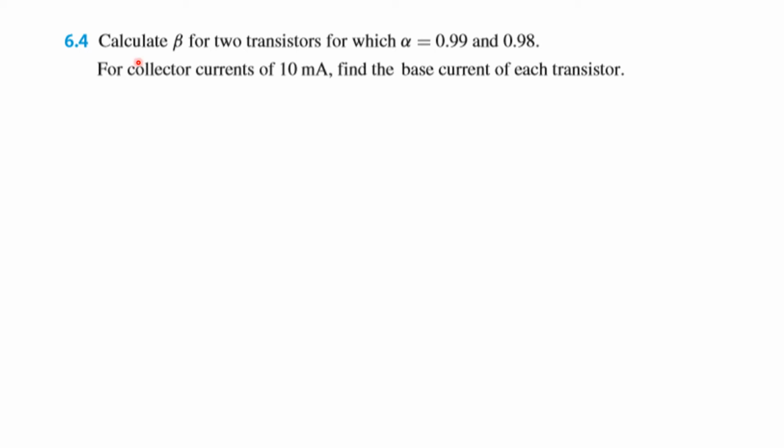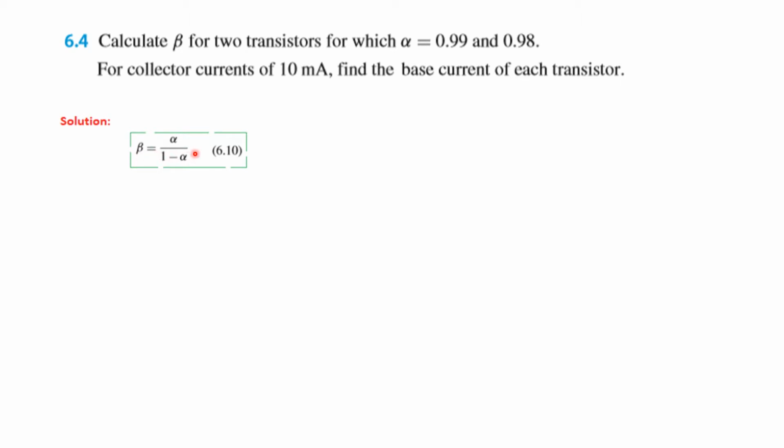We have to calculate beta for two transistors for which alpha is given. The next part is for collector currents of 10 milliampere, find the base current for each transistor. So this is simple. We know the formula for beta and alpha relation.